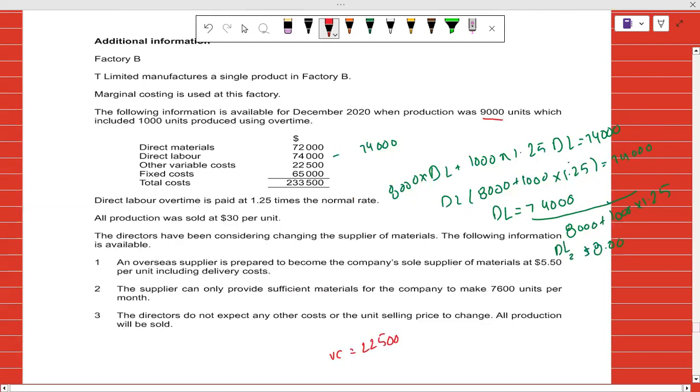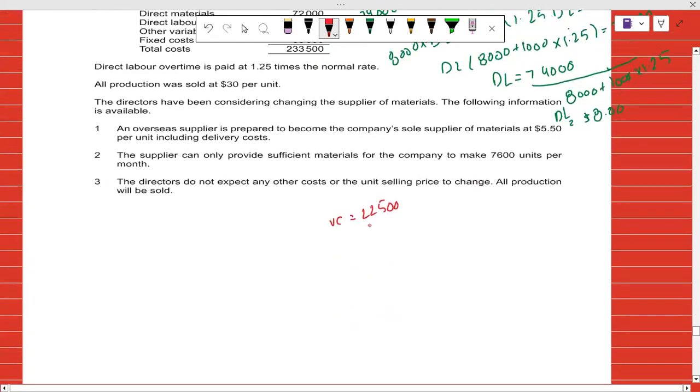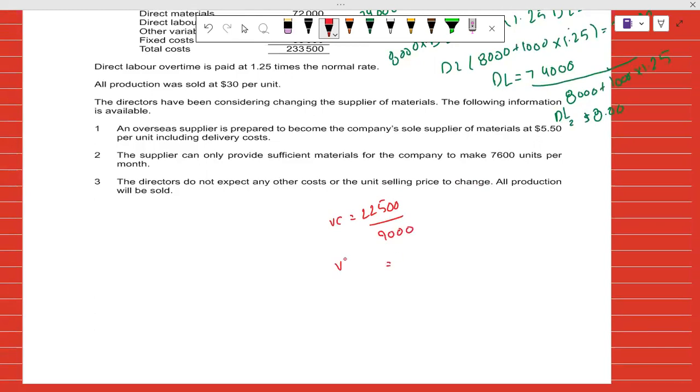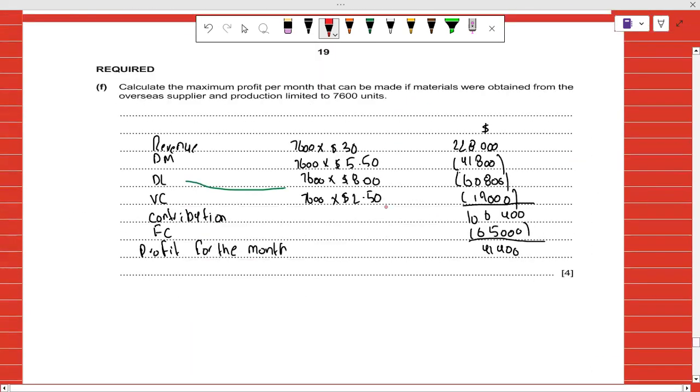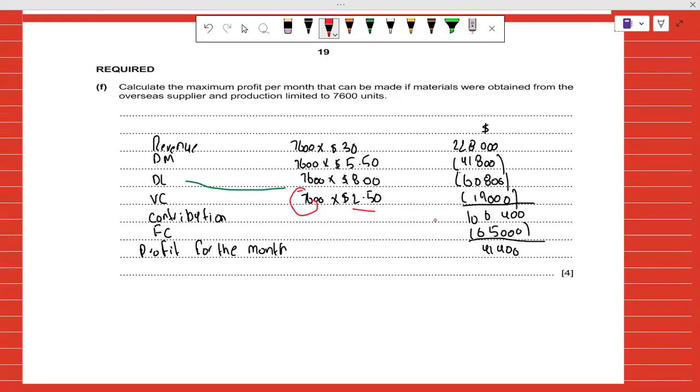So we have the variable cost divided by the number of units. So after that, variable cost per unit would give you $2.5. So now you have to multiply 7,600 by 2.50. So we will have 19,000 as variable cost.